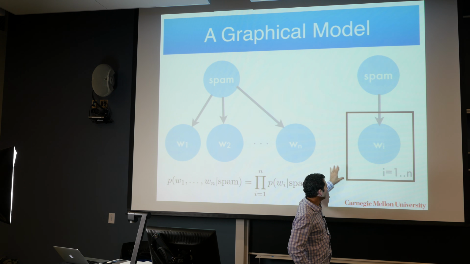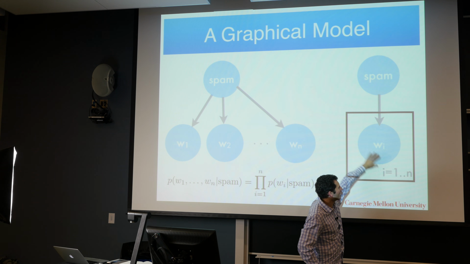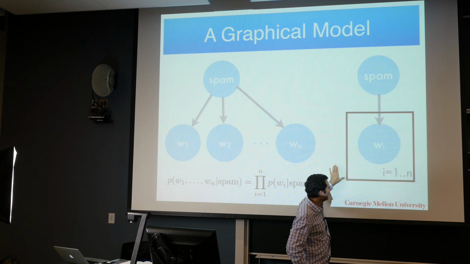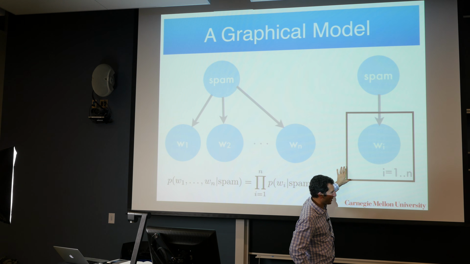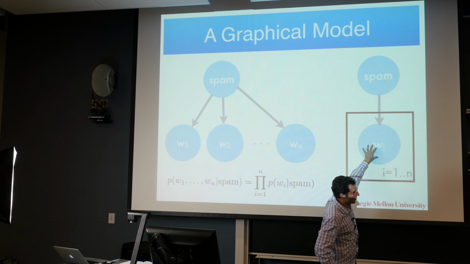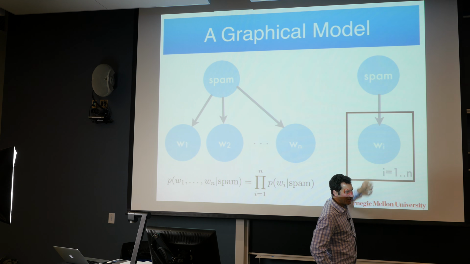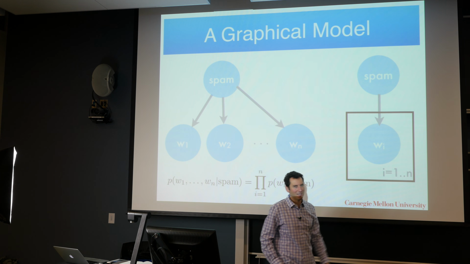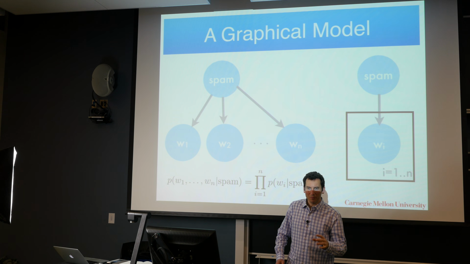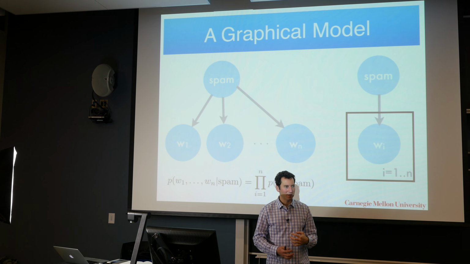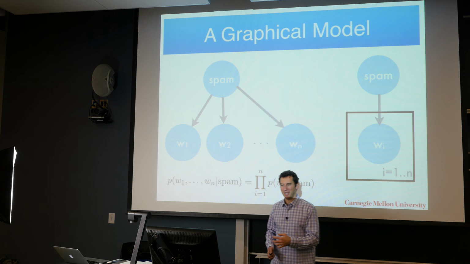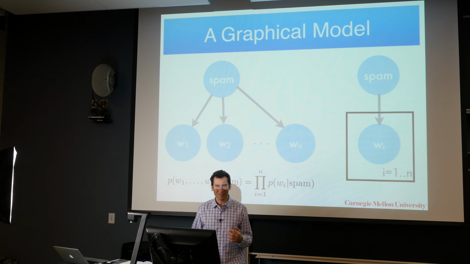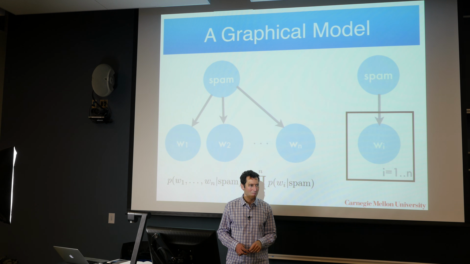So if you've never seen this thing before, or if you've ever seen graphical models of that form, and you always wondered what this box was about, that just means for i equals 1 to n, do this to that variable. Now, the really cool thing about plates, as we will encounter later on, is that you can have nested loops, but you can also have intersecting loops, something that's really awkward to implement with code, but that's really easy to write in statistics.